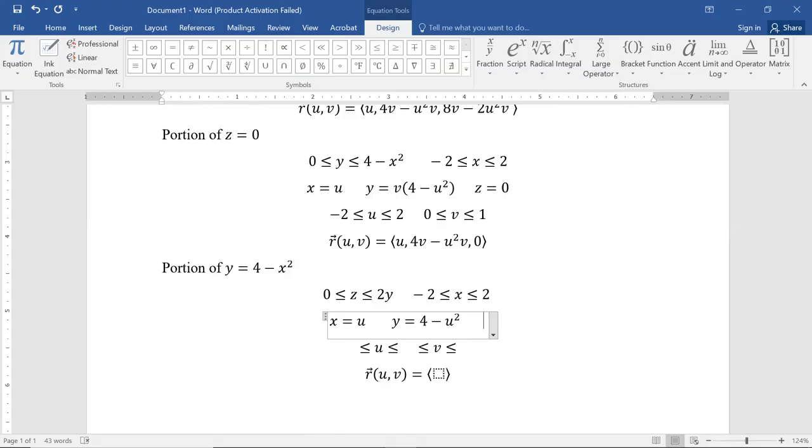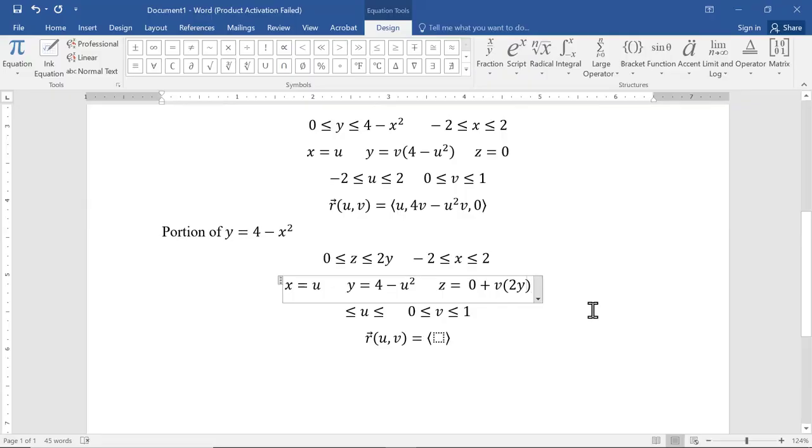And then my z is going from 0 to 2y. So I'm going to let the value of v go from 0 to 1. When I plug in 0, I should get a 0. And then when I plug in a v value of 1, I should get 2 times y.